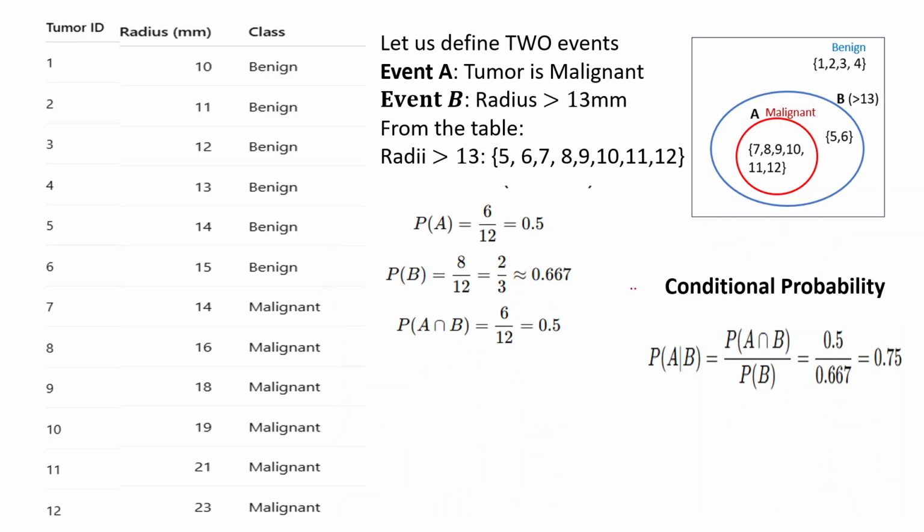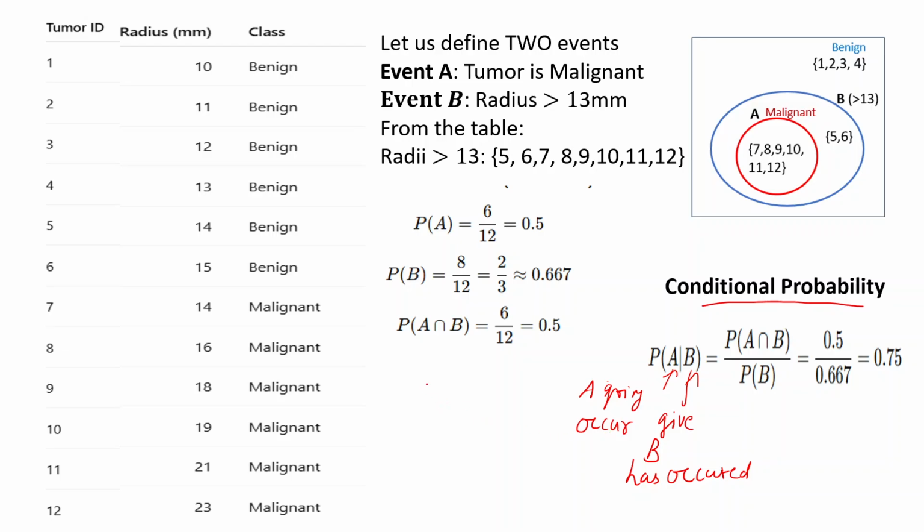Now we will look at the concept of conditional probability. What it asks is: what is the probability of the event A occurring given that B has occurred?